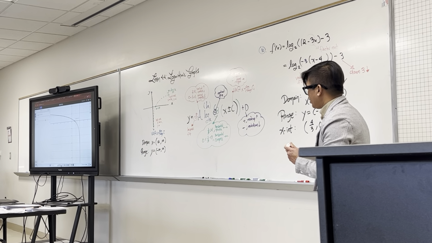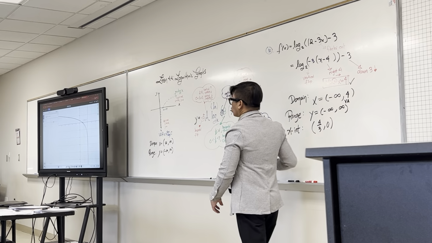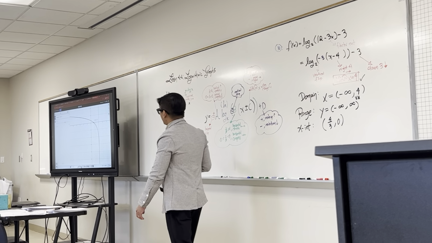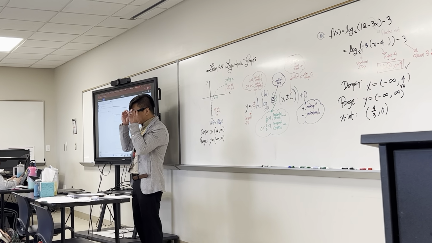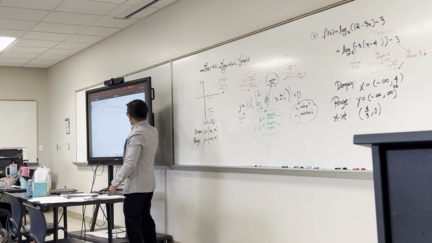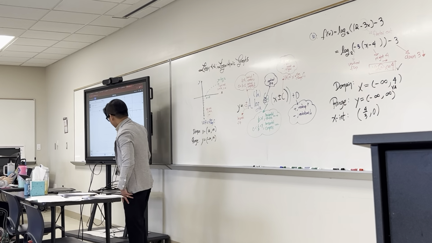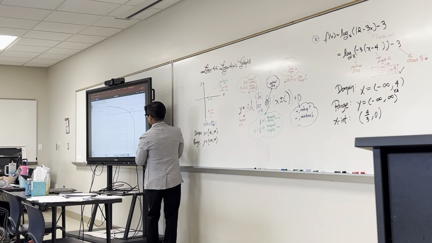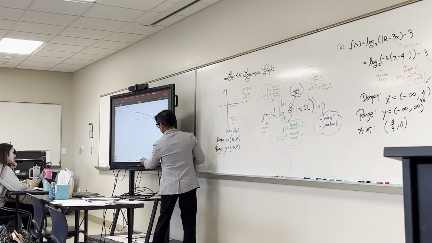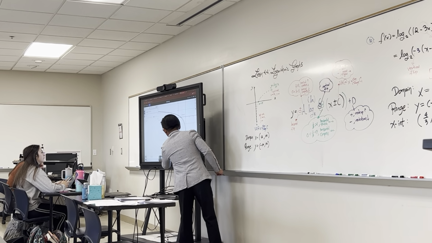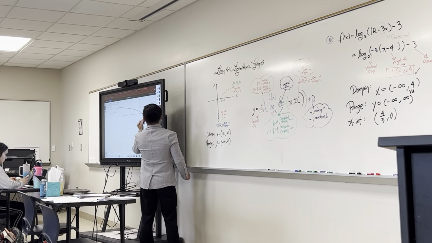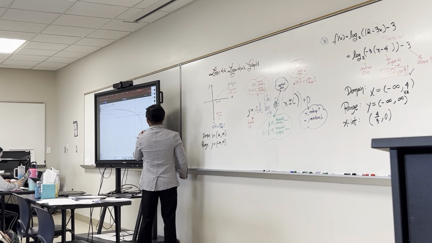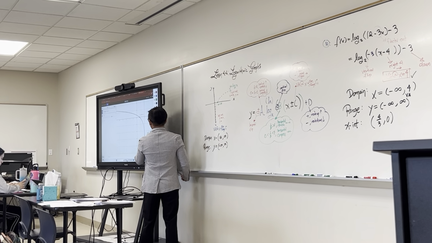We need to determine the right end behavior and left end behavior of this graph. So according to this graph, what do you think, guys, is the right end behavior? Look at the right end. What's happening to the right end in here? Okay.